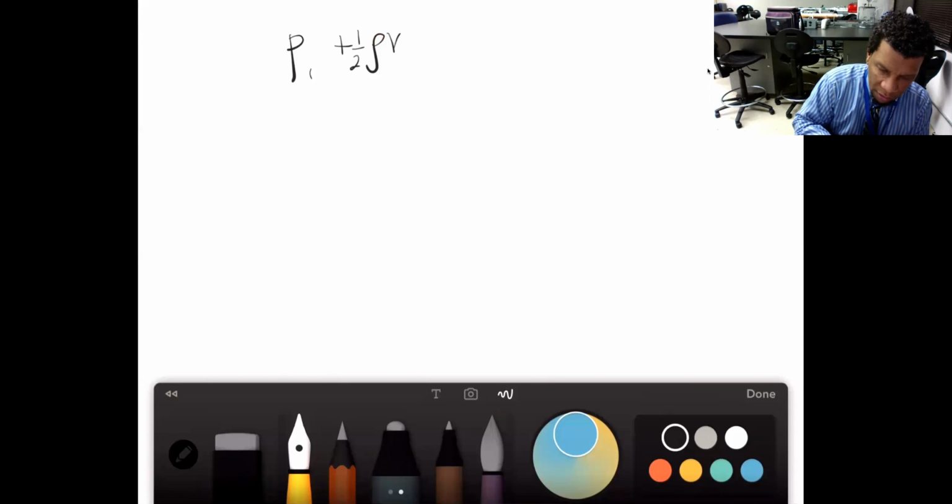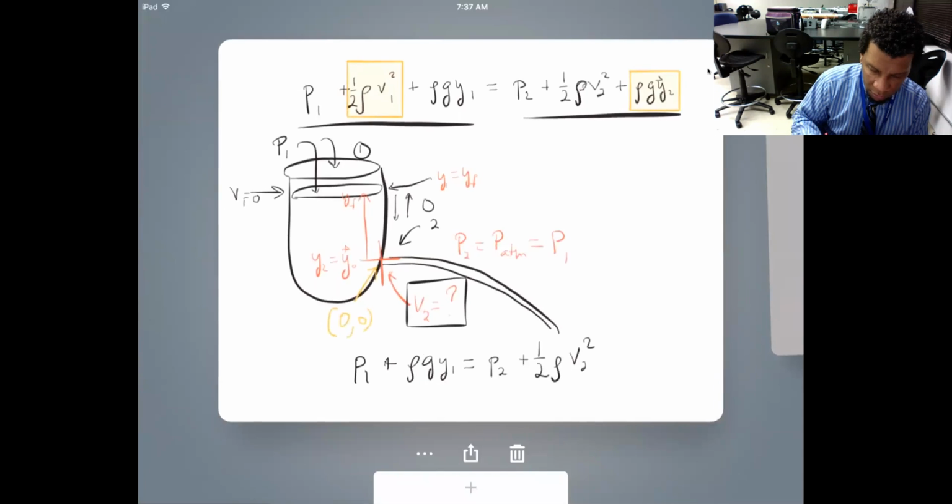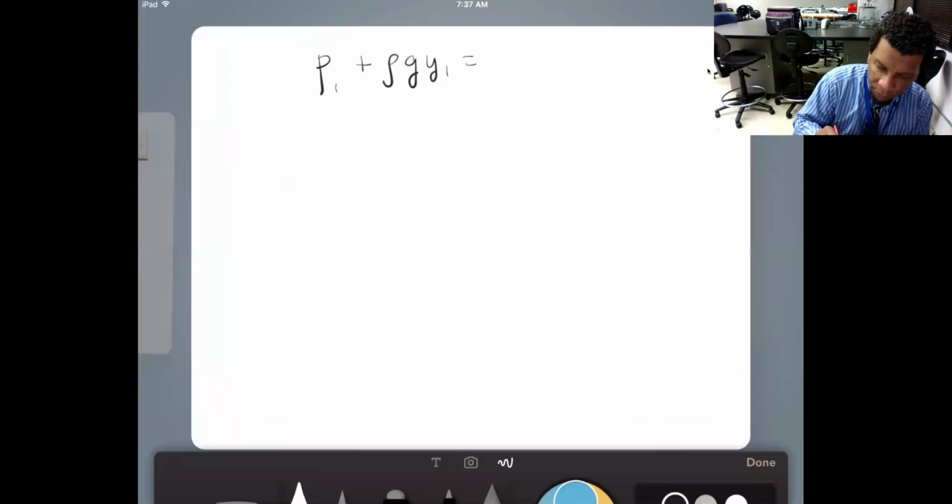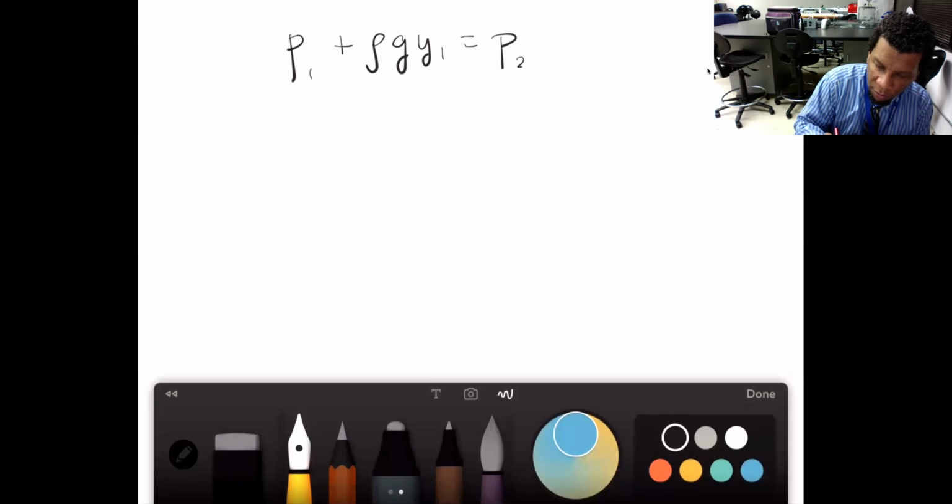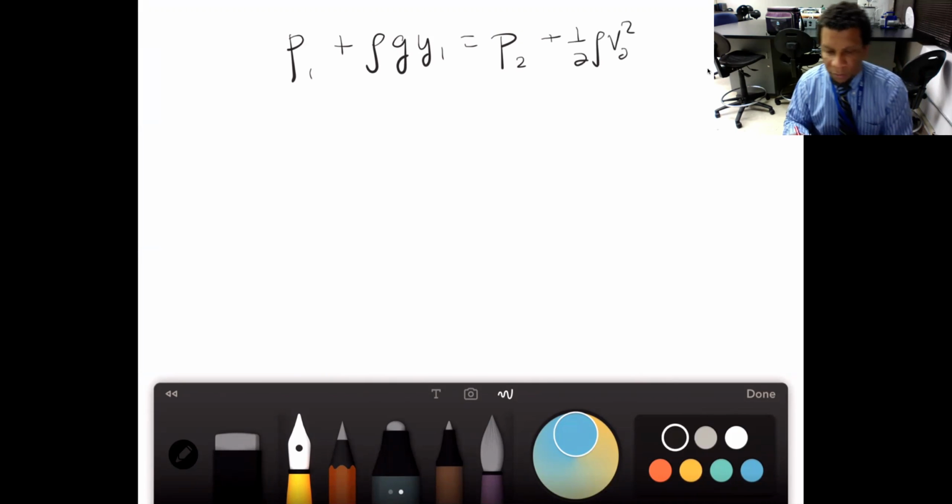Nope, we don't have that. We have rho g y1. Let me see, make sure. Yep. Equals P2 plus 1/2 rho V sub 2 squared.